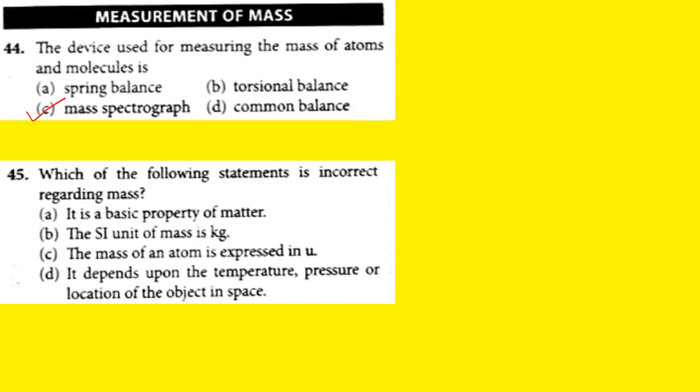Then question number 45, which of the following statements is incorrect regarding the mass? It is a basic property of matter. The SI unit of mass is kilogram. The mass of an atom is expressed in u. All these are correct. It depends upon the temperature, pressure or location, so this is totally irrelevant, children, how will the mass be dependent on these things? So the answer is option D.